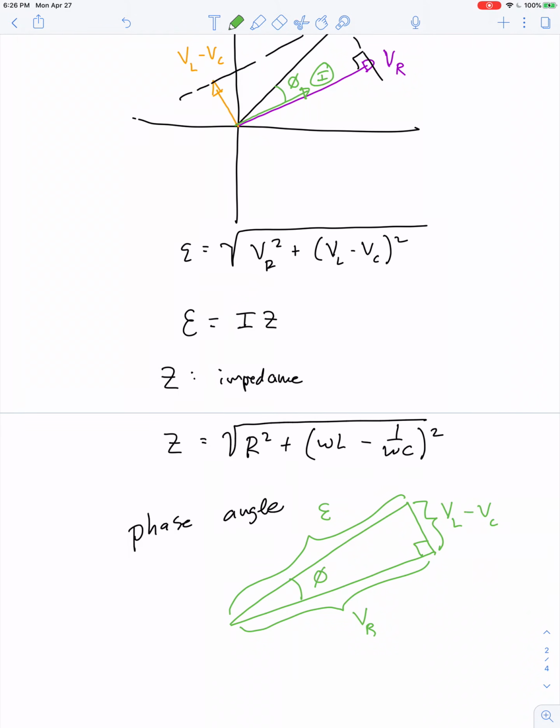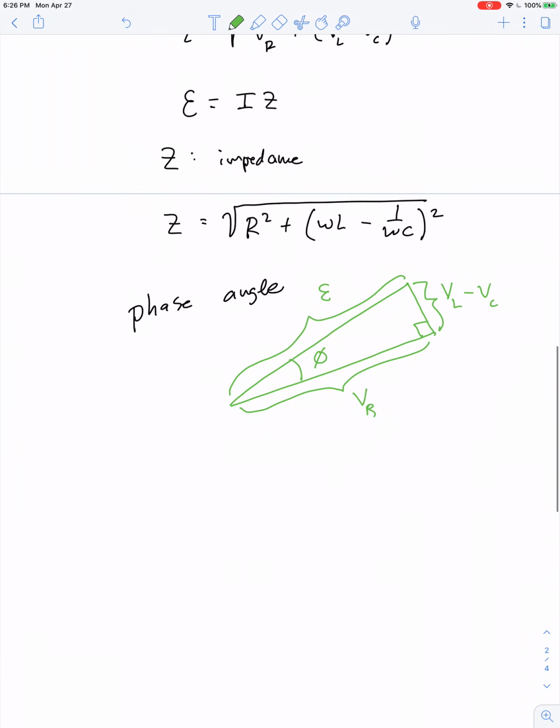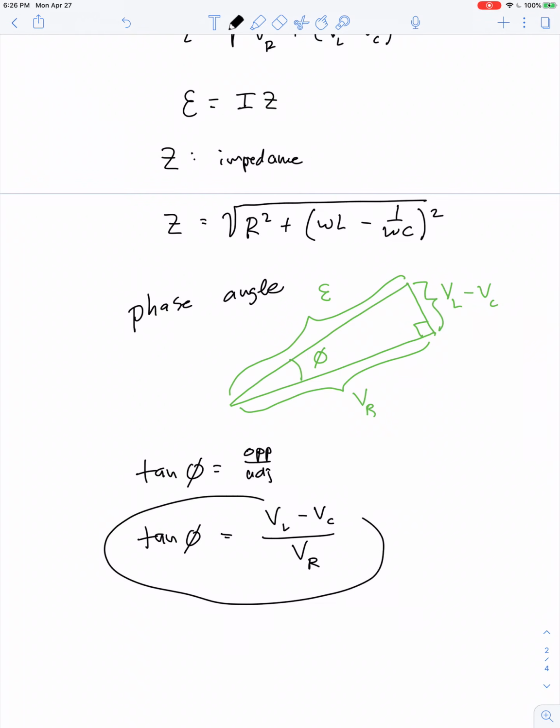And so this angle phi represents the phase angle. So, knowing what we know about right triangles, tangent of an angle is equal to opposite over adjacent. So the tangent of the phase angle should be equal to VL minus VC divided by VR. That's one way to say it.